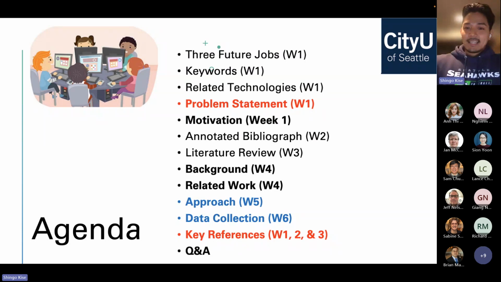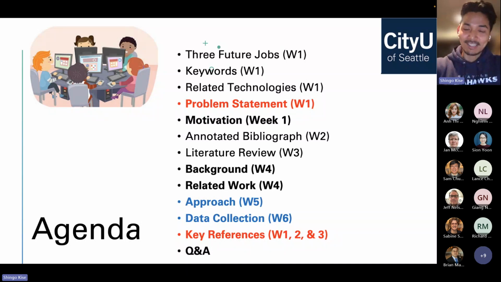Then you come up with a problem statement, which is basically a question of what you want to solve or define, something in a gray area where you say, hey, this is what I think based on these papers. And a motivation why you want to solve those problems.